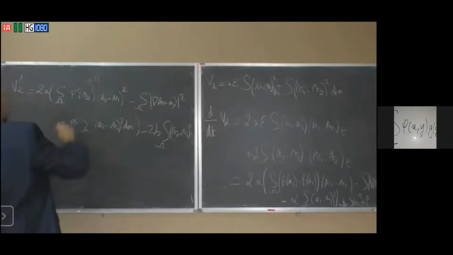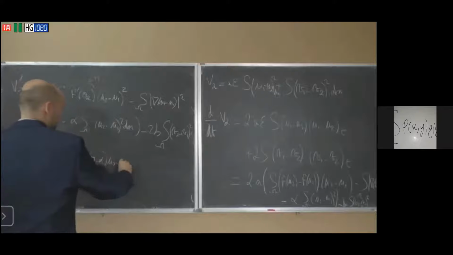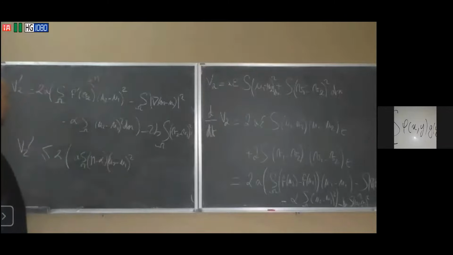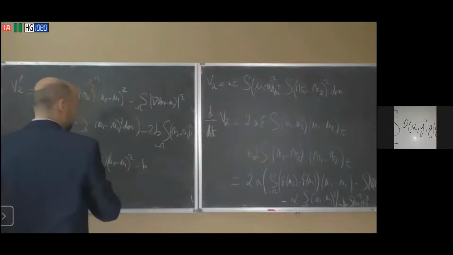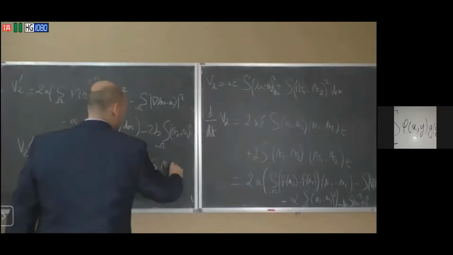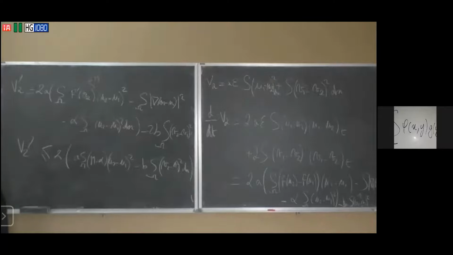So finally, we have that this is less than 2 times u2 minus u1 squared minus b integral. All right, so I can always do that.